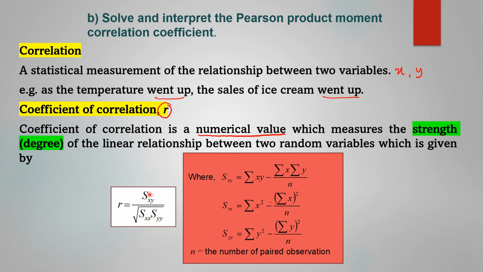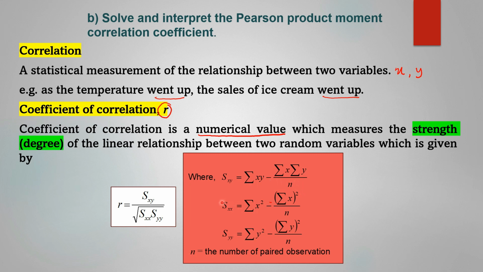What are Sxy, Sxx, and Syy? These are the formulas to find Sxy, Sxx, and Syy. For Sxy, it is equal to the summation of x times y minus summation x times summation y, over n.